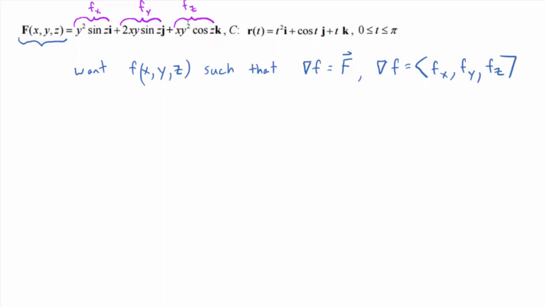So what that really means is if we integrate f sub x, y squared sine z, with respect to x, we can recover little f within a constant, a constant with respect to x. But then we have to figure out what that constant function is in terms of y and z. So that's where the difficulty lies.